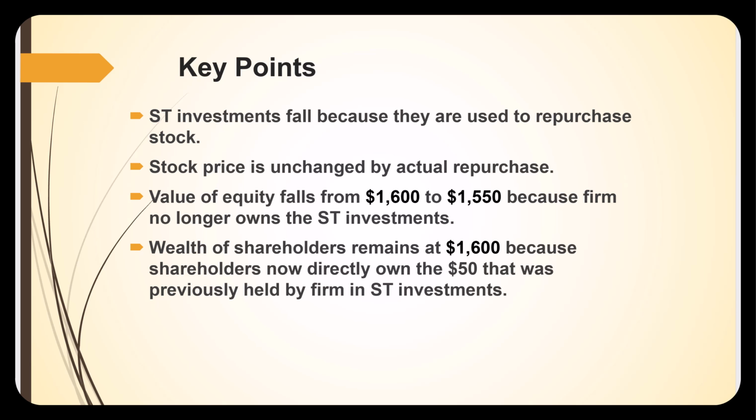Now, the wealth of the shareholder stays at $1,600 because they got $50 million from this transaction. So they've got the $1,550 in value of the stock. Some of those shareholders now have $50 million, so their wealth did not change.